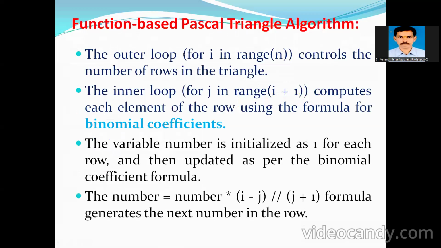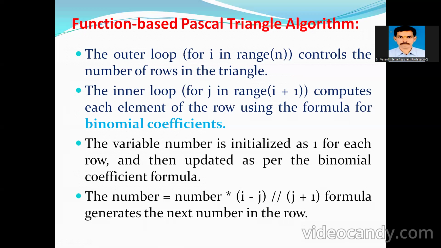The algorithm or procedure we are using: the Pascal triangle has rows and columns. To represent the rows, the outer loop, for i in range of n, controls the number of rows in the triangle. The inner loop, using j, computes each element value of each row using the formula for binomial coefficients.